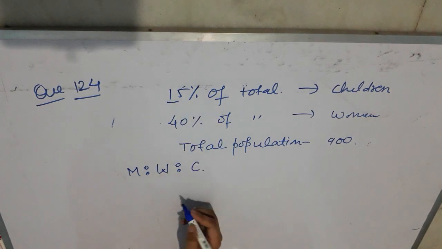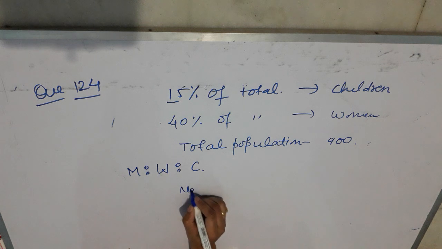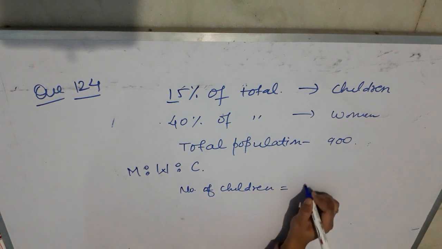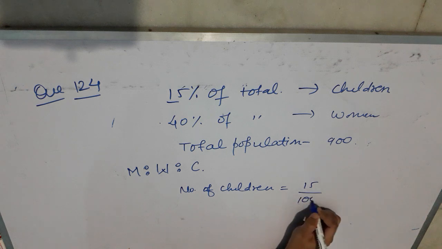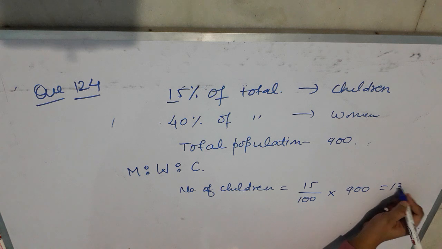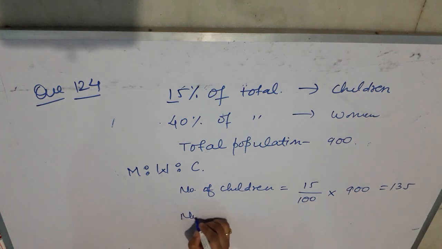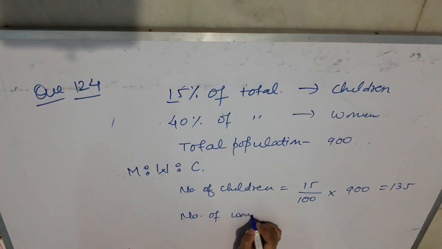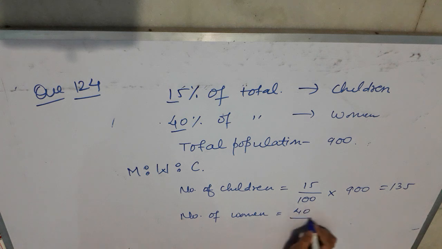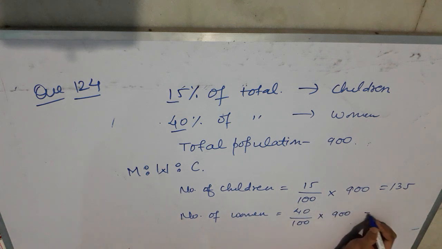So 15% of the total is children, meaning the number of children you can find by the given percentage. It will be 15% of total, which is 15 upon 100 into 900, which is equal to 135 children. Similarly, the women percentage is given, so the number of women will be 40% of total, 40 upon 100 into 900, and that will be 360.